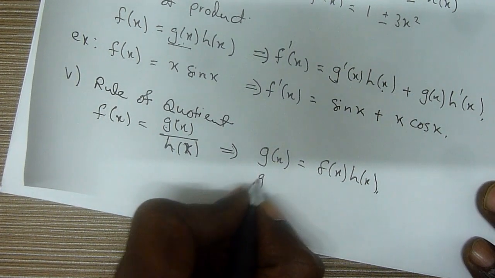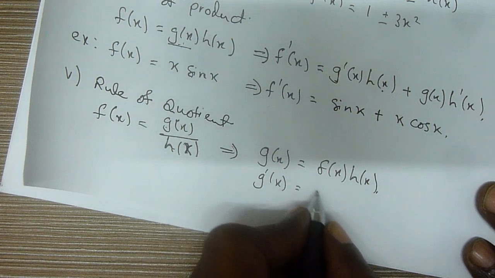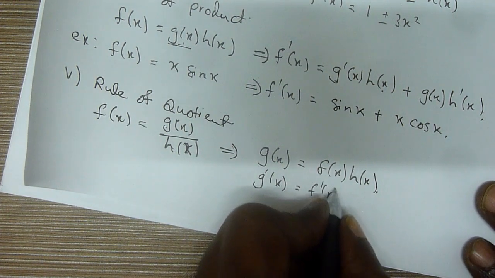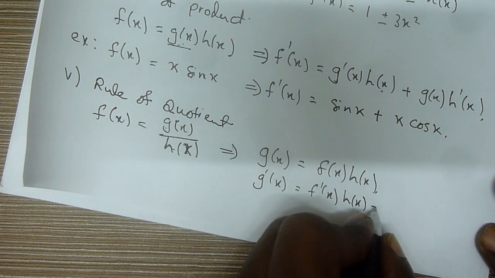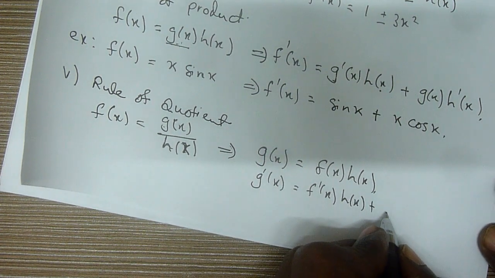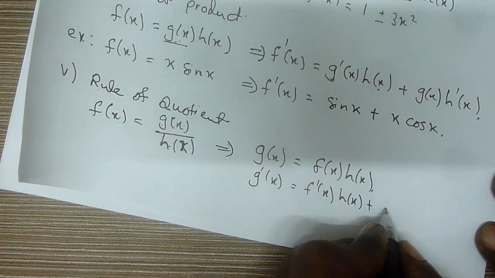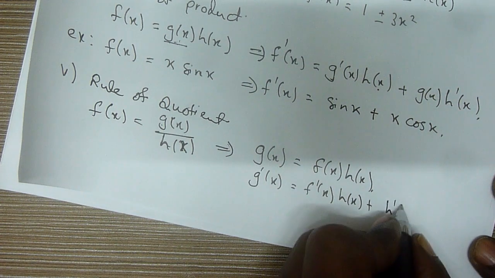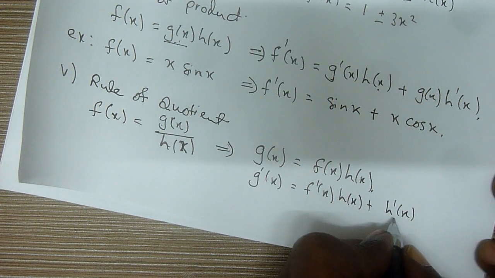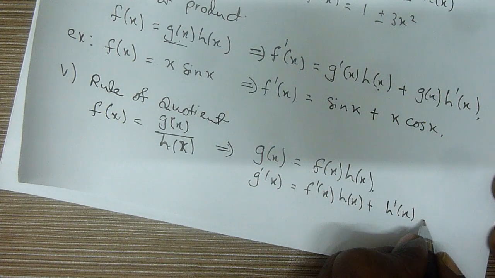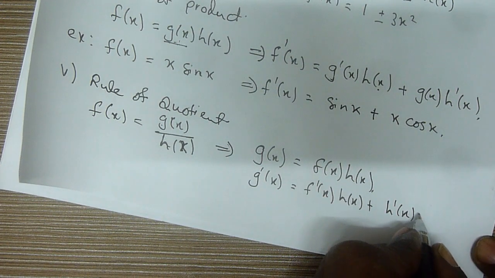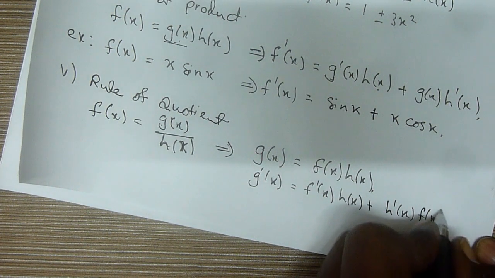You see, I will try to define it here: g'(x) and here f(x) and h(x), plus, you treat the other function as a constant, therefore you will get this.